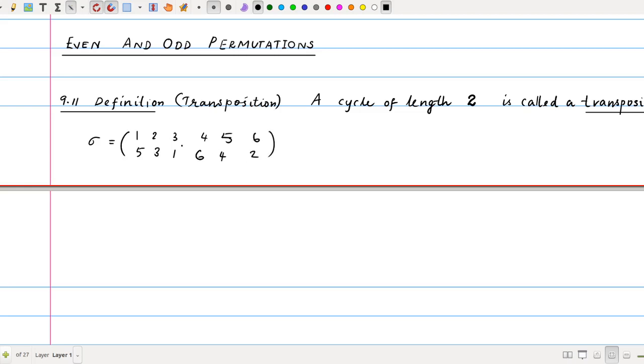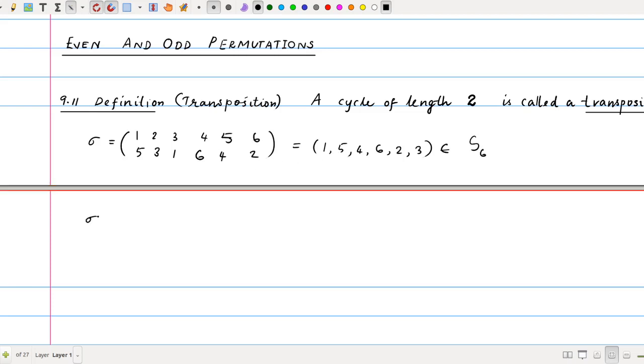So this defines a cycle, because we can write it as 1 goes to 5, 5 goes to 4, 4 goes to 6, 6 goes to 2, and 2 goes to 3. This defines a cycle in S6. But the cycle has 6 symbols, so this is called a 6 cycle, or cycle of length 6.